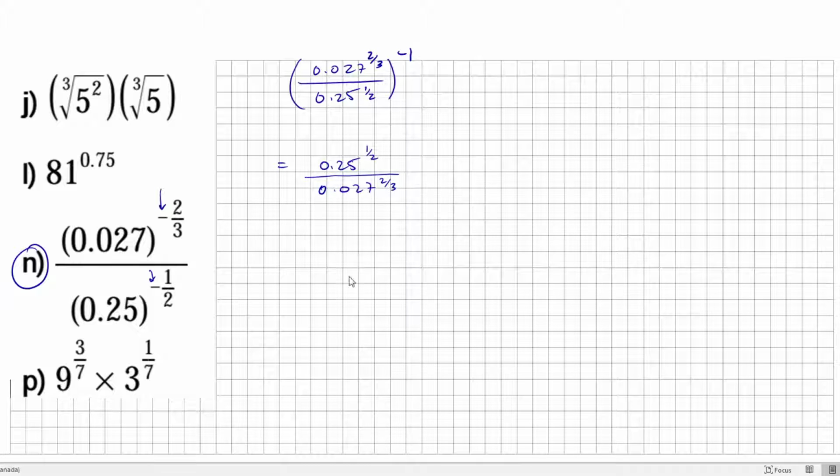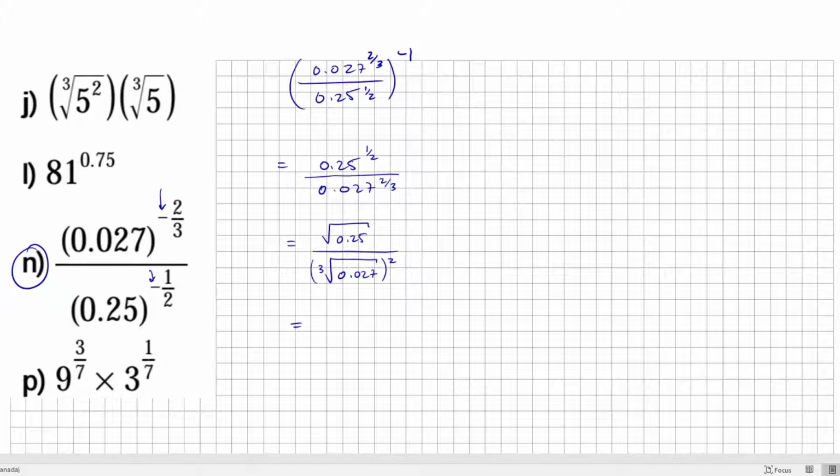Okay, so over here, we can just take a look at this right here, 0.25 to the 1/2. Well, that's just equal to the square root of 0.25. And then over here, 0.027 to the power of 2 over 3. Well, I'm going to split up that 2 over 3, and I'm going to do the cube root first of 0.027, and whatever that number is, I'm then going to square it.